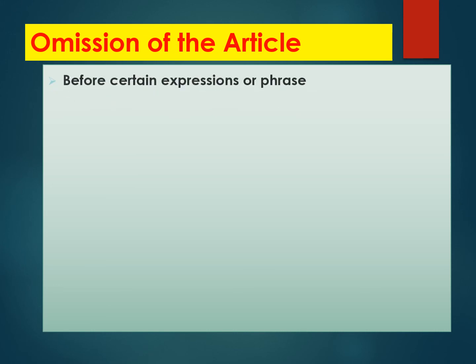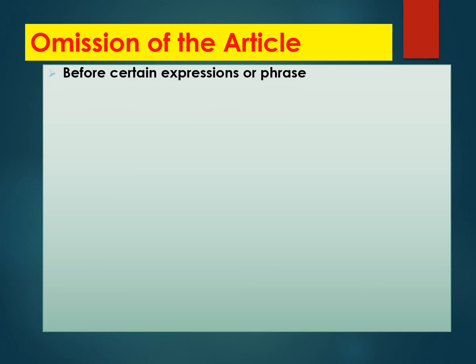Article is omitted before certain expressions or phrases. Example, catch fire. It's a phrase, it's also an expression. So before this, we should not use any article. At home. So this is also a phrase. So before this, we should not use any article.